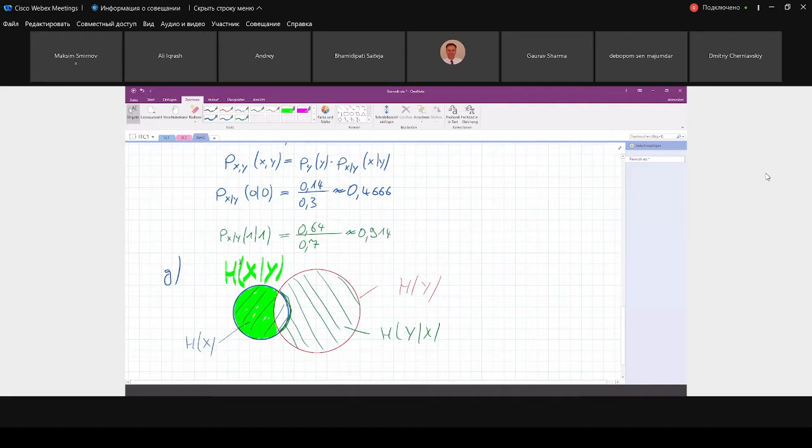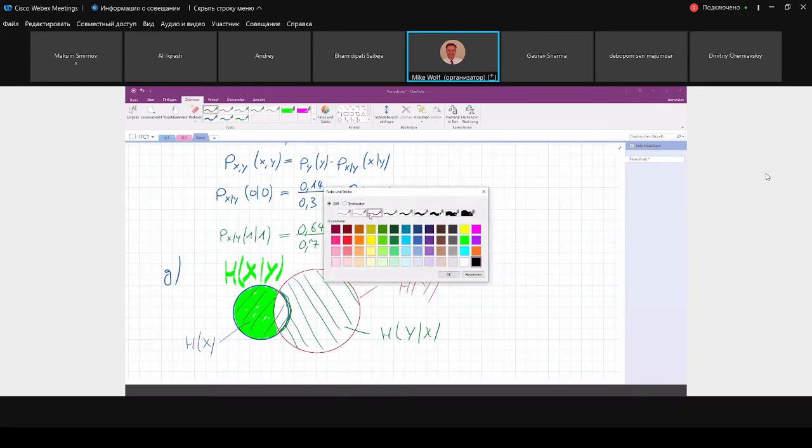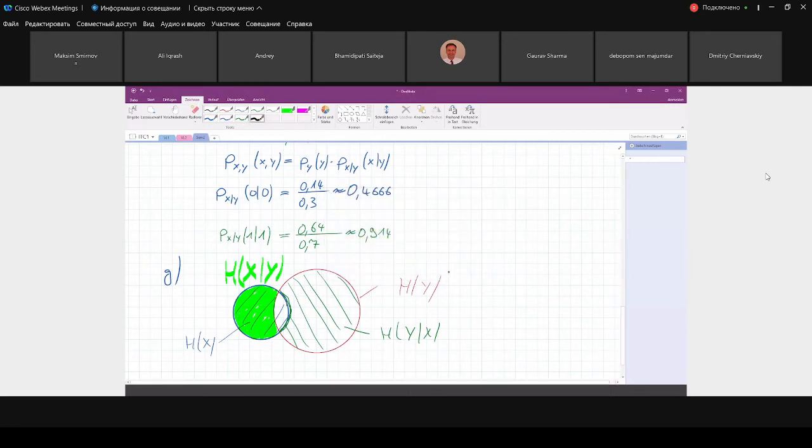And of course, this here, maybe I do it in black. This is of course the joint entropy. That's the joint entropy.